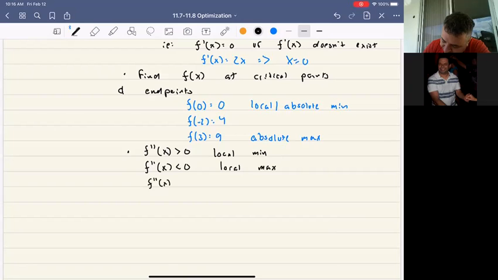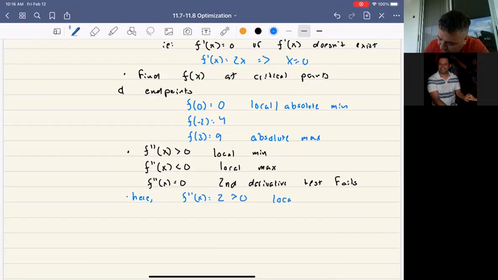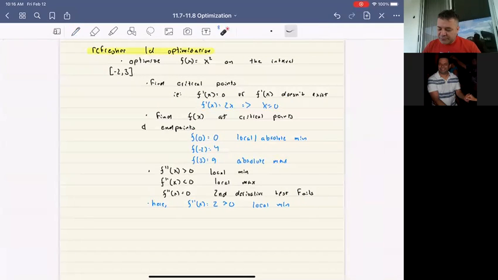F double prime of x equals 0, the second derivative test fails. Okay, so here, f double prime of x equals 2 is greater than 0, we have a local min. Okay, we already knew that from this information, but it's just another way to get that information.